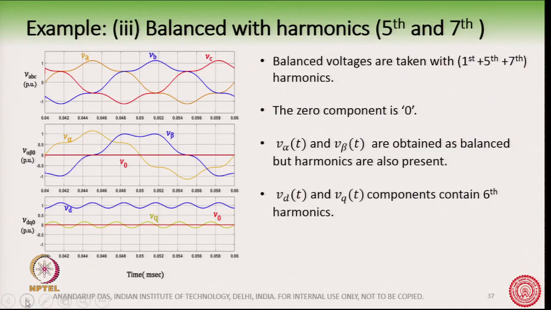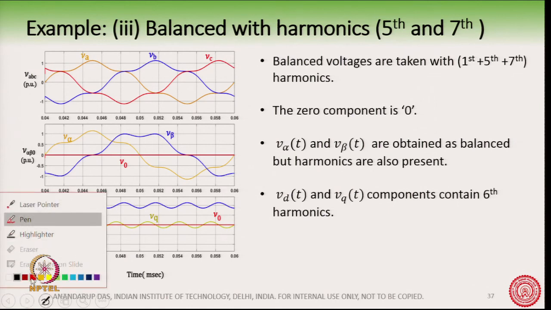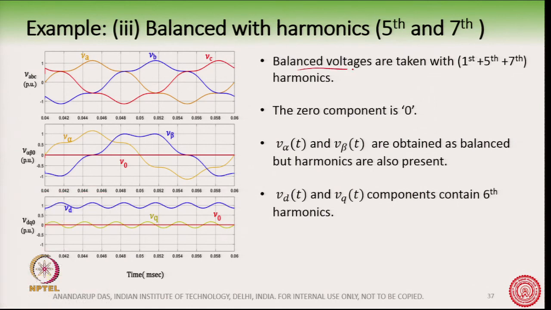Okay. So, in this example, we have taken balanced voltages with 1st, 5th and 7th harmonic components in VA, VB and VC.